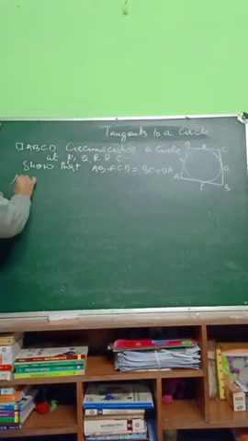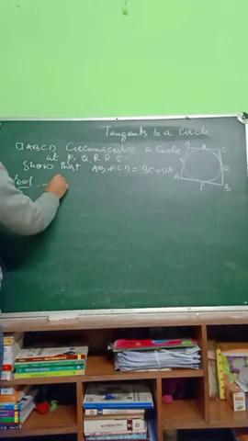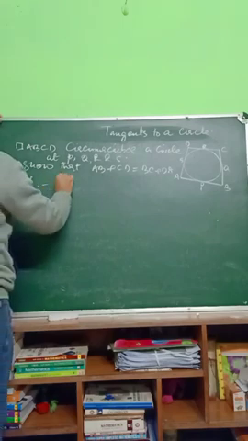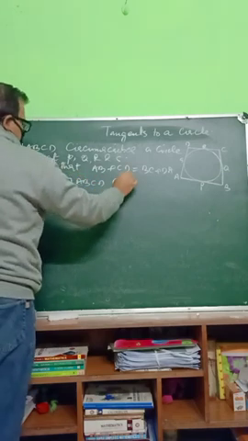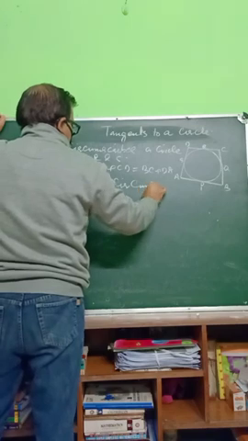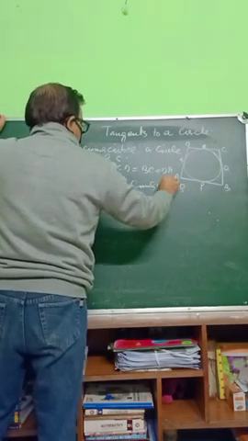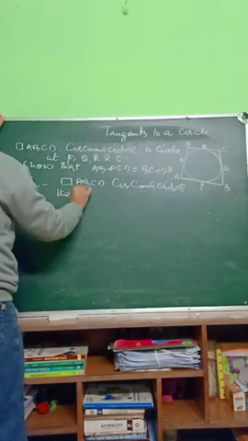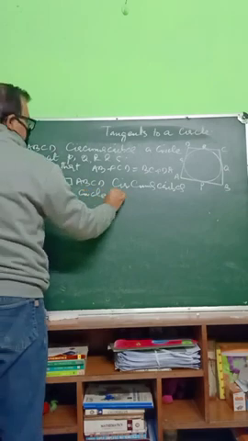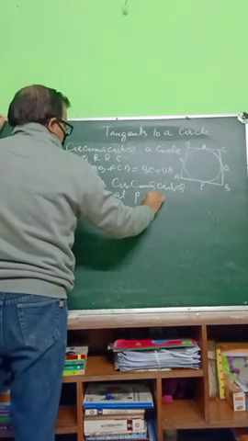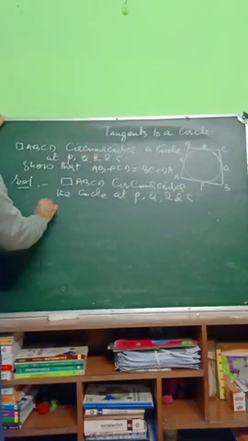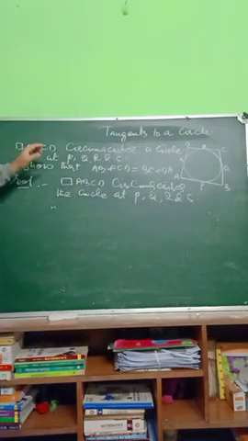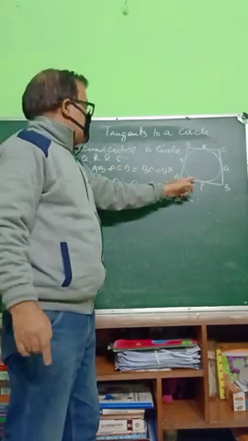Solution. Quadrilateral ABCD circumscribes the circle at P, Q, R and S. Therefore, as we have done just now, the tangents from an external point are always equal.